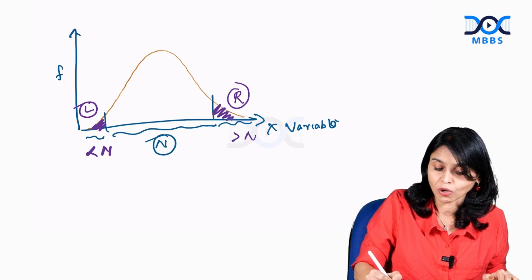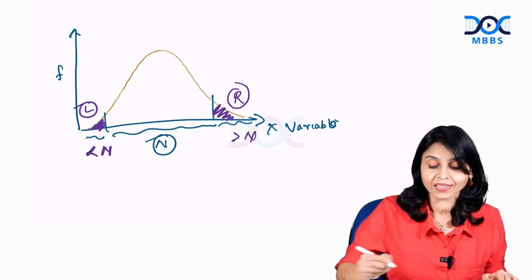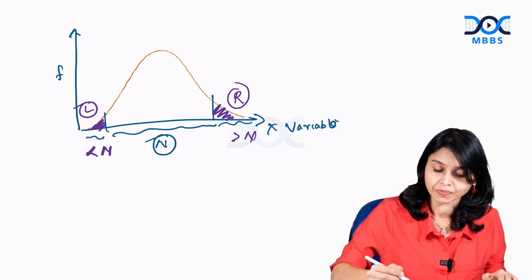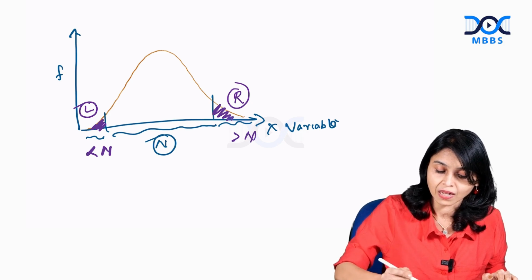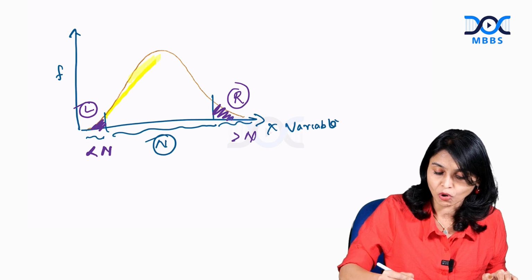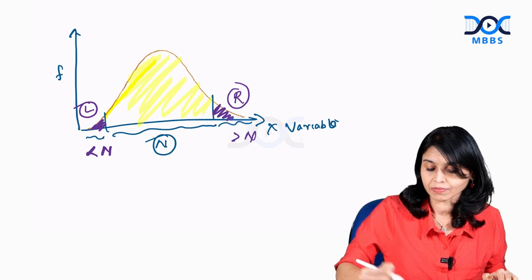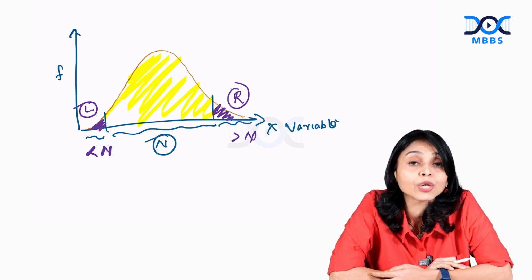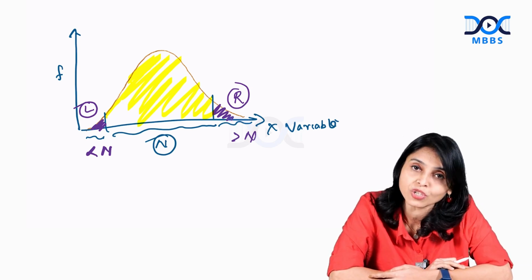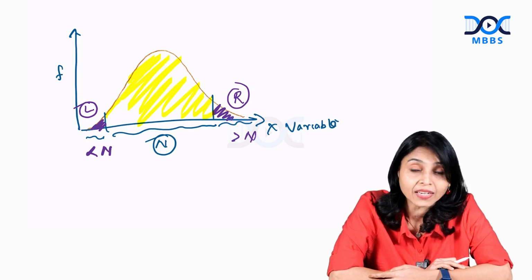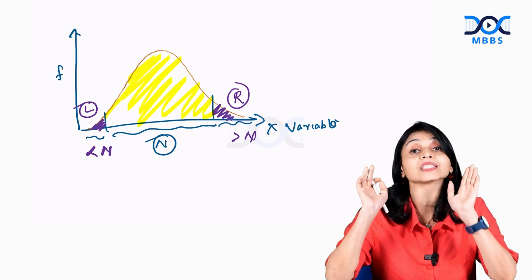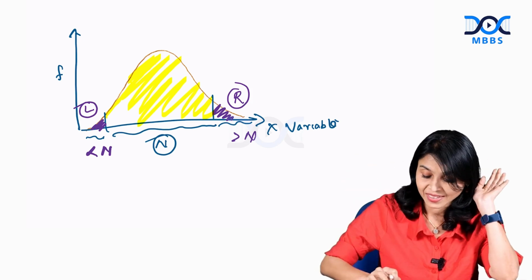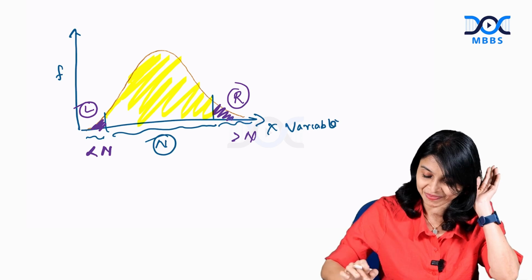This is more than normal and this is less than normal, and these will be the normal values. This is the concept behind the normal curve or normal distribution. So if you see a peak at the center and two tails, consider it as normal. Okay, I hope you're with me.